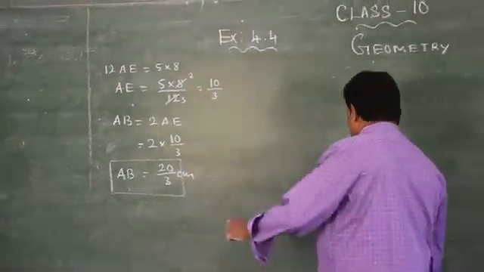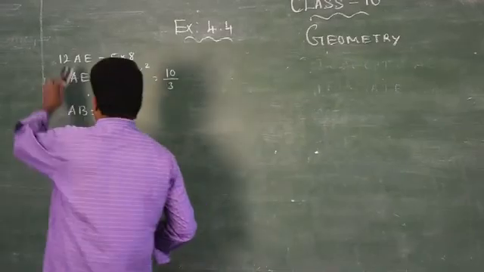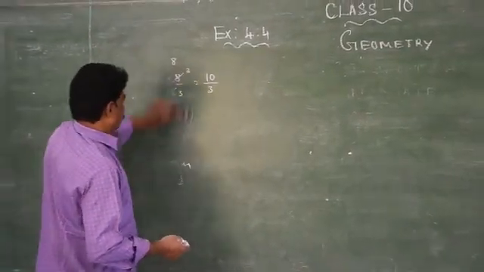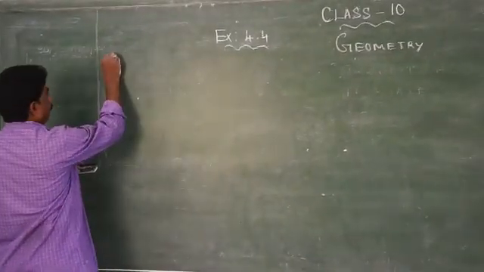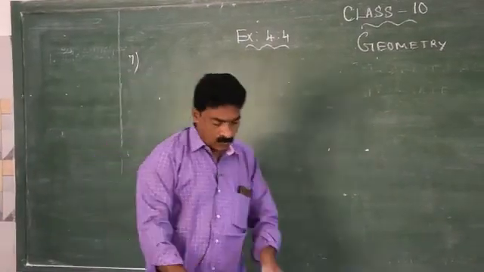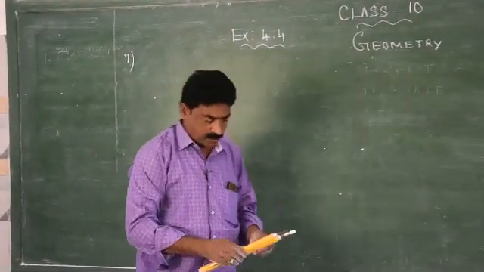So, have you completed? Okay. Now next sum, 7. Two concentric circles. Draw 2 concentric circles.